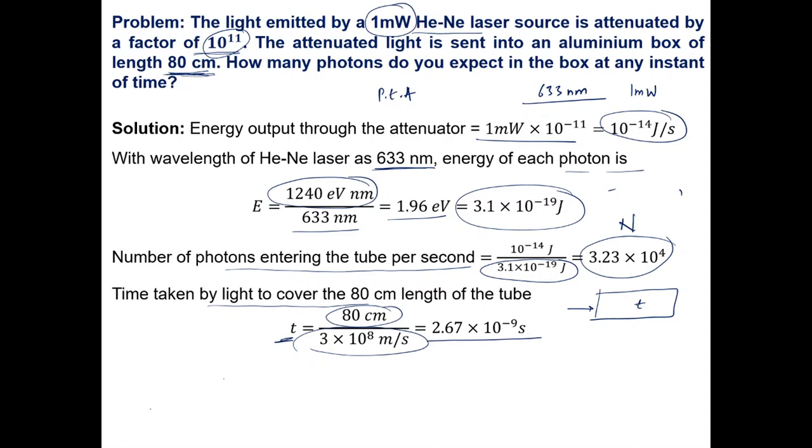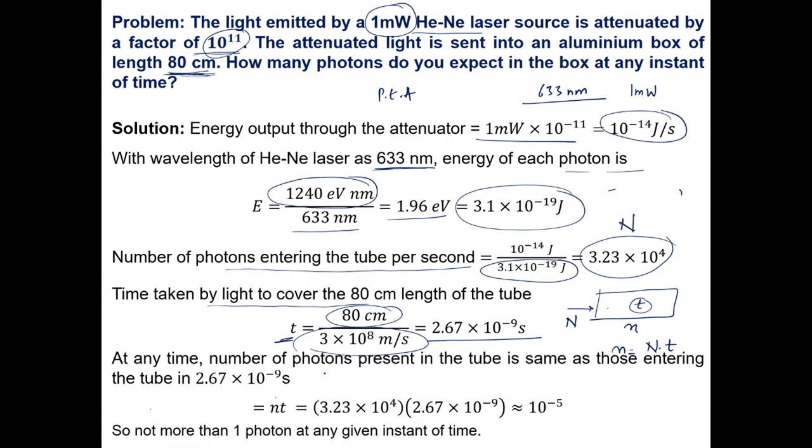So the number of photons which stays inside this box in t amount of time is the number of photons entering per unit second times the time for which we have to integrate. So the time available is small t. So let's say the number of photons that stays inside is N. So N is nothing but n times t.